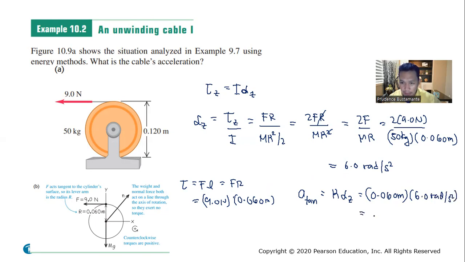So you will have here 0.36 meters per second squared. Okay, that's how you use the definition of the rotational dynamics.